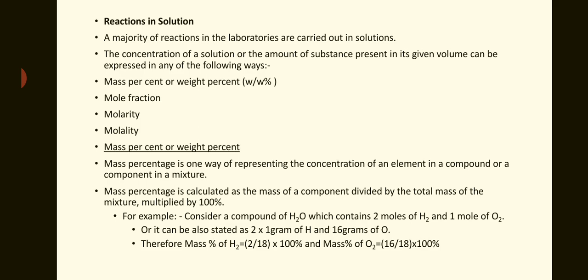If you refer to the periodic table, you will get the mass of calcium atom as 40, carbon is 12, so 40 plus 12 you will get 52, and O3 means 16 times 3, that is 48. So calcium carbonate is the best example of mass percent, because the mass of calcium carbonate is 100 gram, so it becomes easier to calculate the mass percent of other elements.